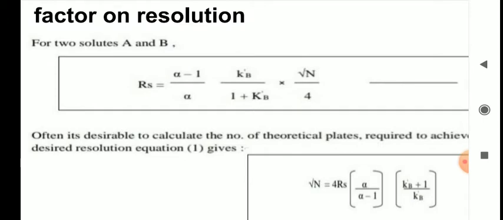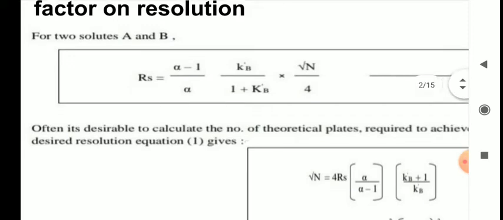One part is having square root of N. Now this N is dependent on the zone broadening, and rather the zone broadening determines the N value, and the H value and N value are connected with the zone broadening. The alpha value is connected with the properties of each solute, and that is not dependent on the column, whereas k dash B the retention factor is connected with the solutes as well as the column.